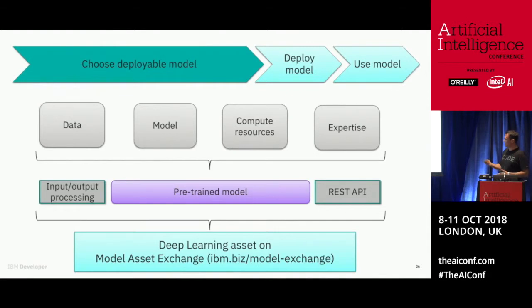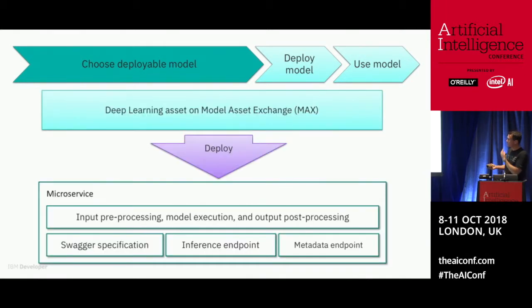And then on the REST API side, that's a standardized REST API Flask application with a Swagger definition. So in deploying that service, which is wrapped up as a Docker container, you end up with this microservice which deals with the full end-to-end pipeline from raw data through pre-processing, model execution and inference, and output post-processing.